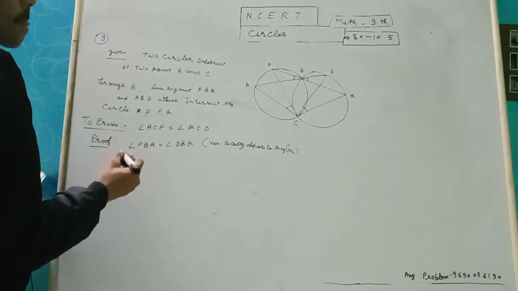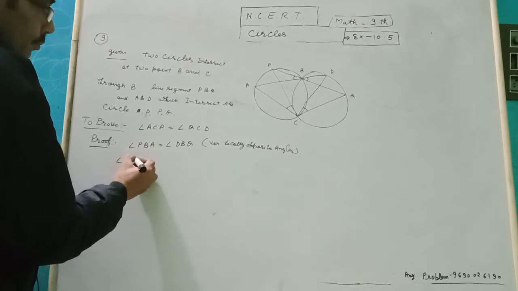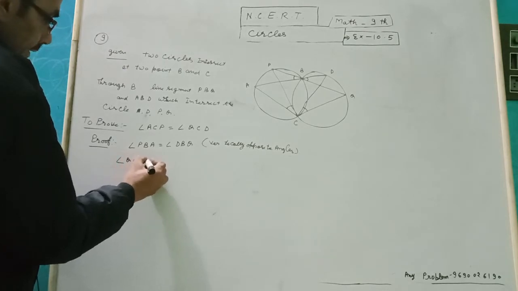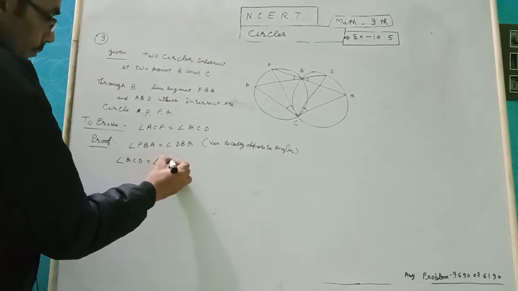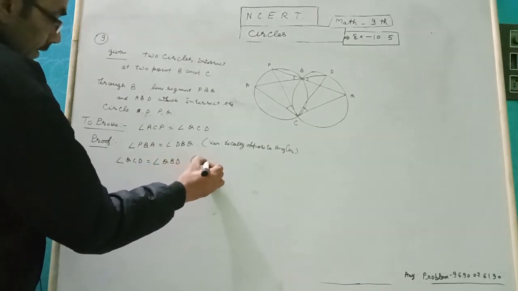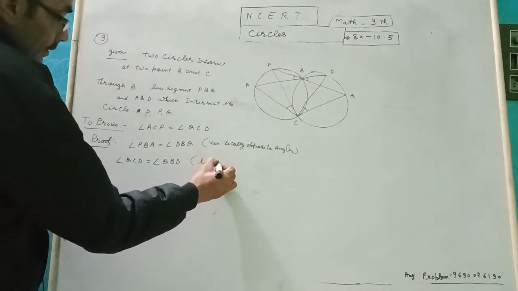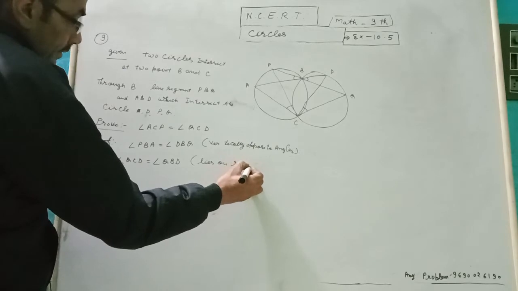Angle QCD is equal to angle QBD, as they lie on the same segment.